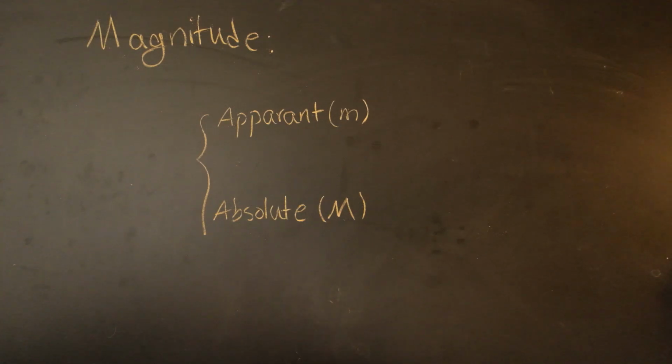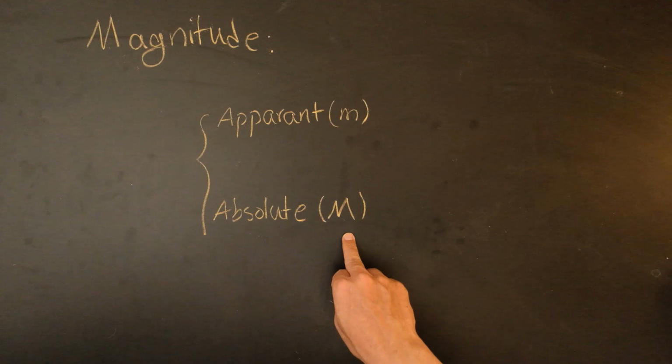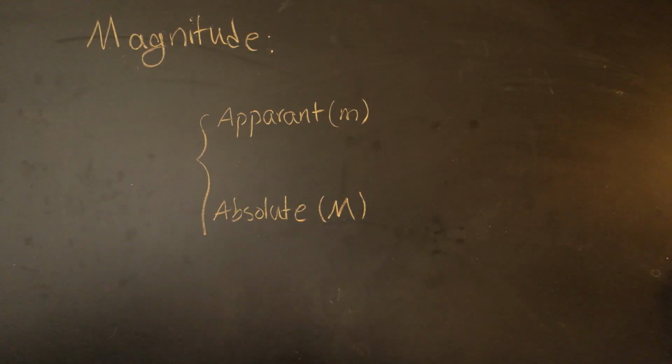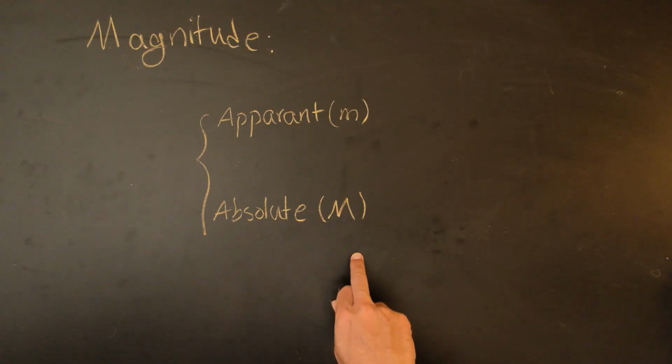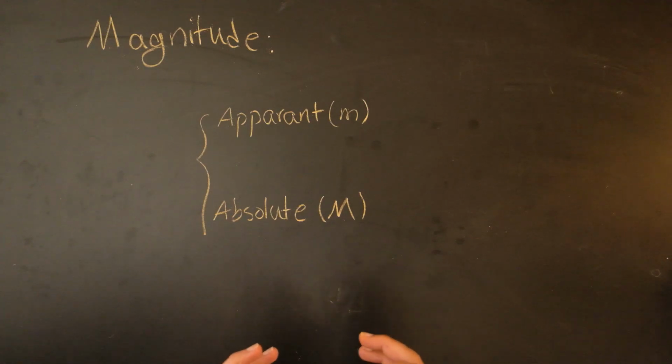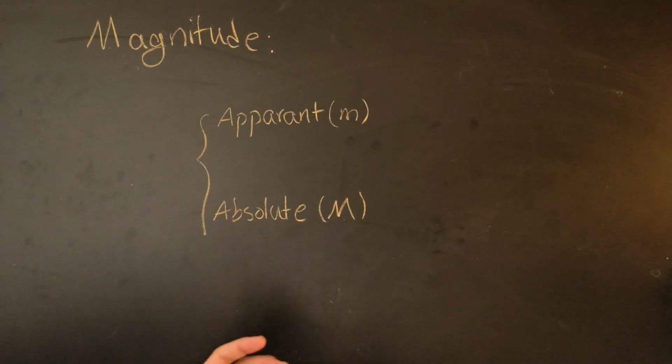In order to solve this problem, we use absolute magnitude. We use capital M for absolute magnitude. What we do for absolute magnitude, we put all the stars at the same distance, and by definition, it's 10 parsec. We imagine what we would see in the sky if we put all those stars at 10 parsec.